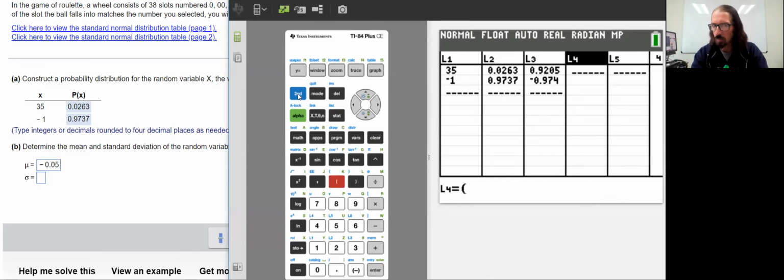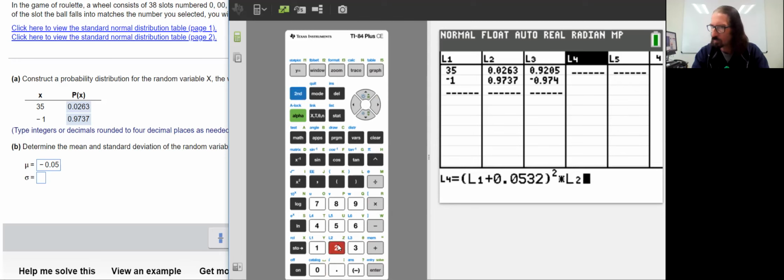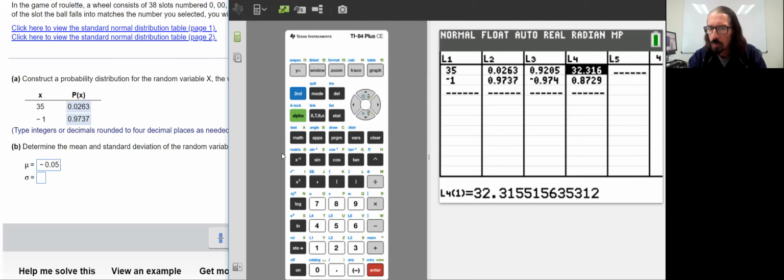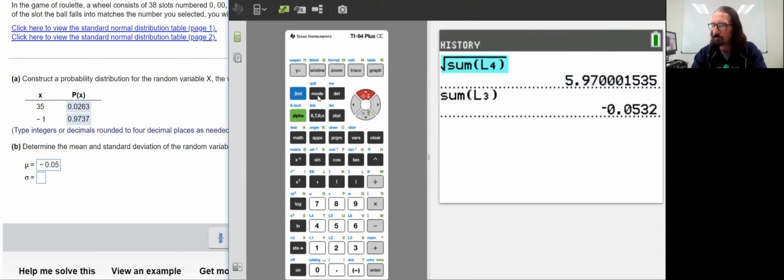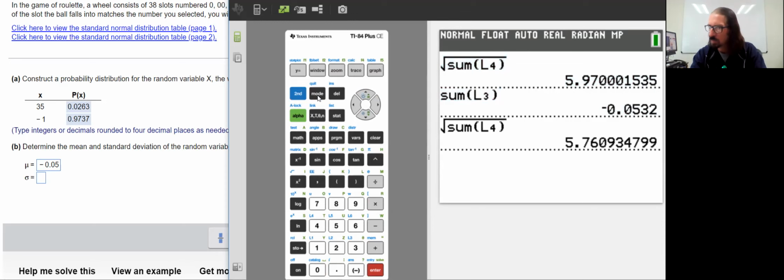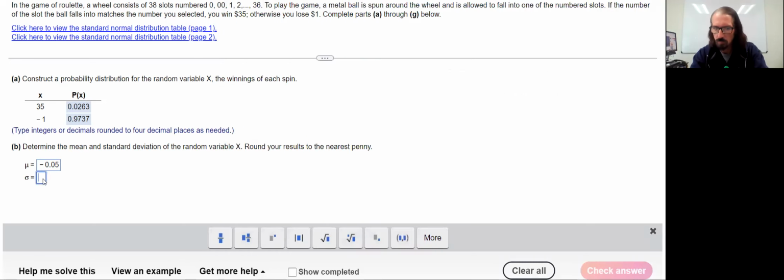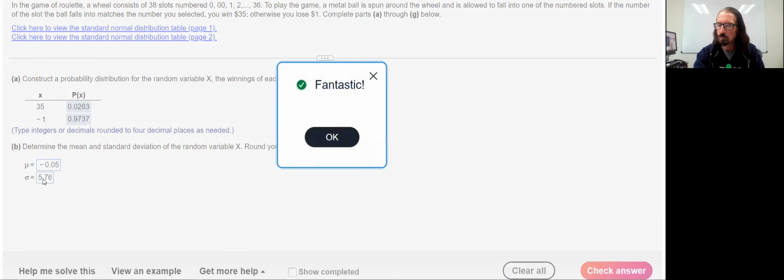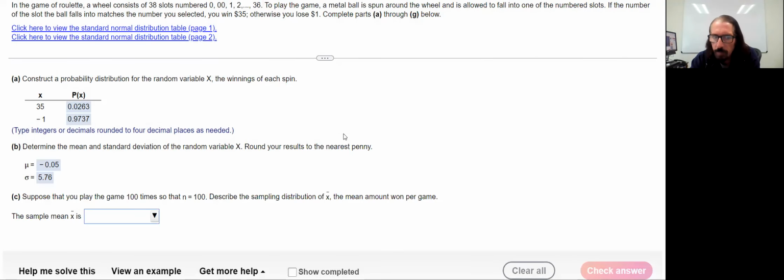Score in list 1 minus a negative, it's going to be the same as adding a positive, times the probabilities in list 2. And now I should be able to repeat this. 5.76.